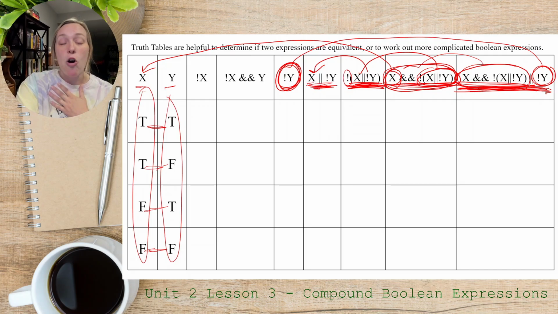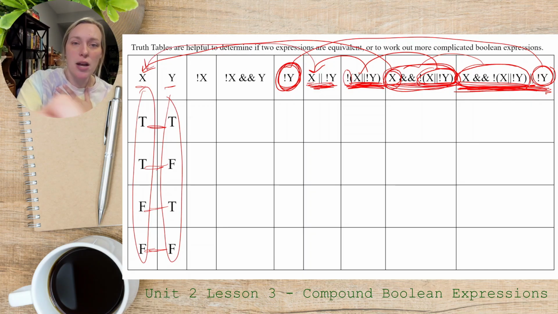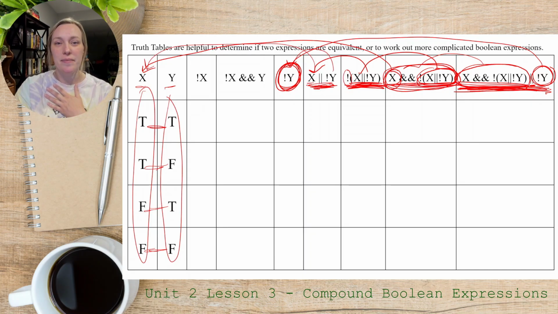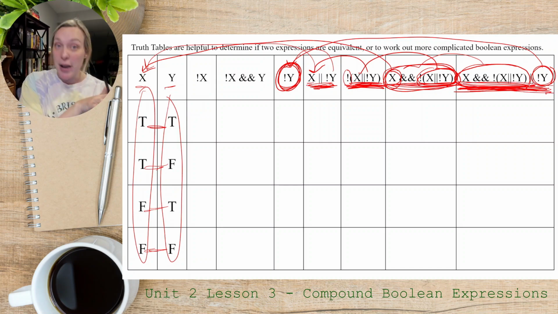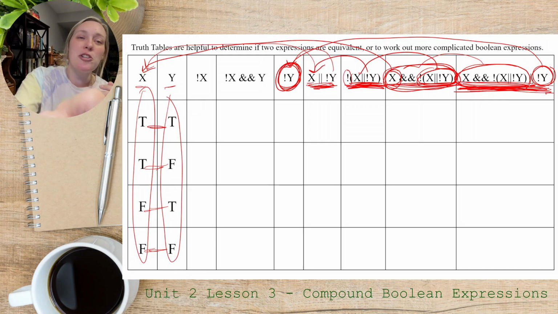It's X or not Y. Well, X is going to be here again. Not Y is going to be right here. Okay. So all of these I'm going to break down and I'm going to build up by evaluating this expression through my truth table. Okay. Now this I just kind of threw in for fun.